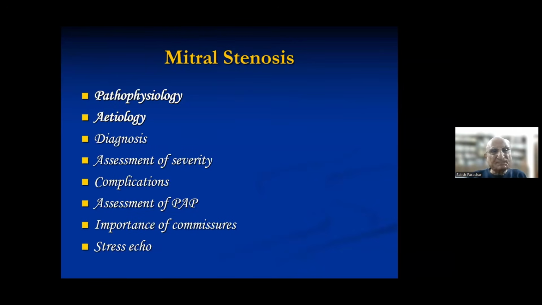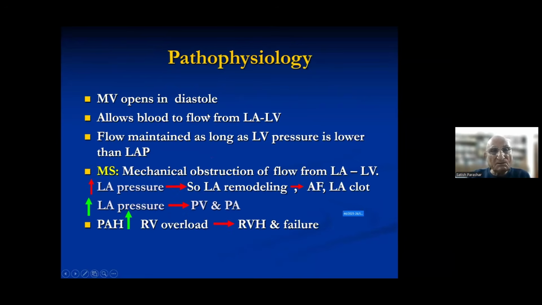Now we'll discuss briefly under these conditions so that it will make you understand. It is extremely important to know the pathophysiology of a disease. Again, I'll go very slowly. As you know, the mitral valve opens in diastole. Blood always flows from a high pressure to a low pressure chamber, not from low to high.